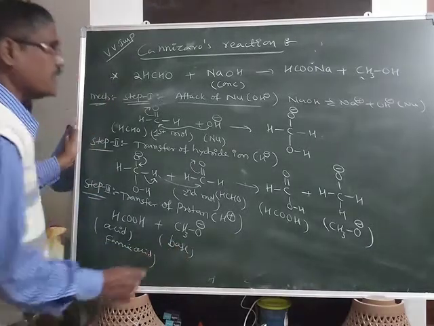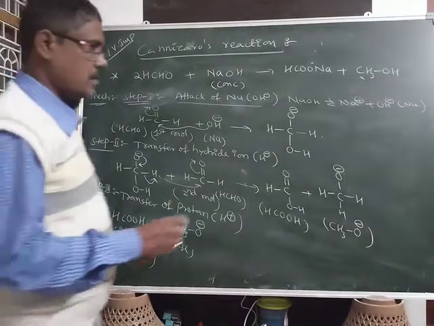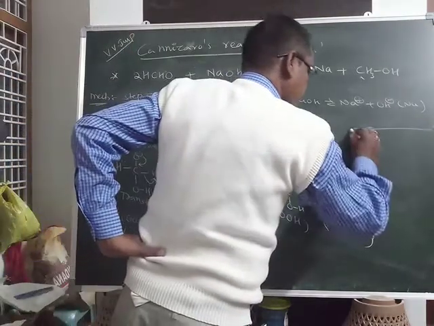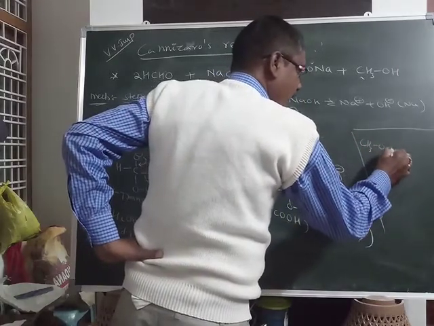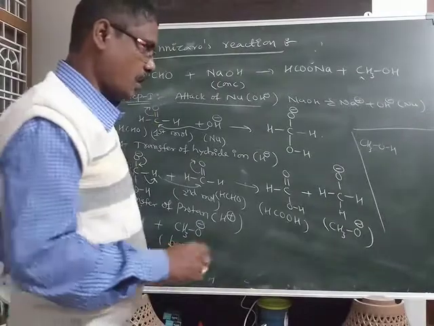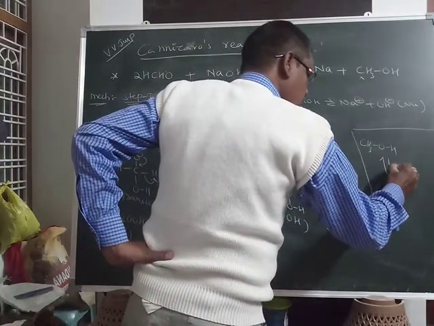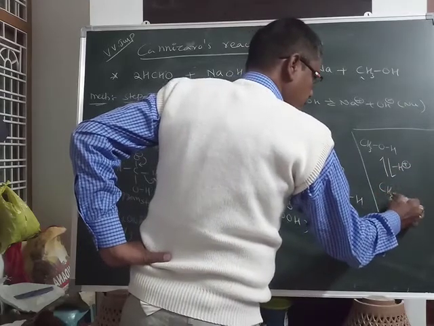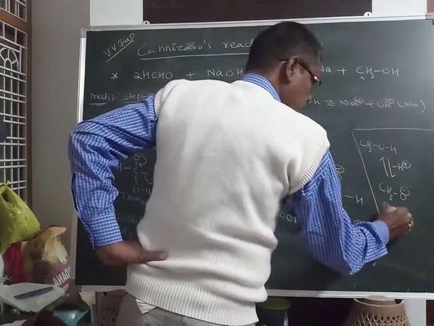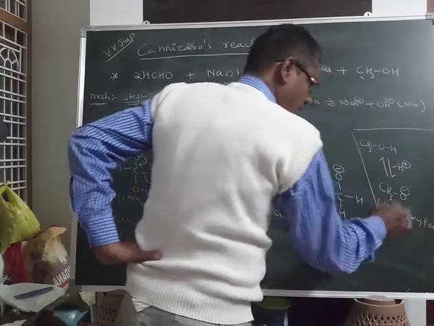Why it is a base I will explain at this corner. CH3OH, this is the alcohol. When this one releases an H plus ion it becomes a methoxy ion.